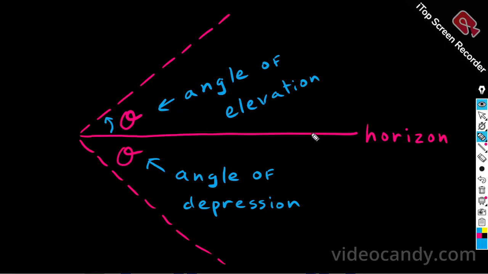And once again, if you start at the horizon and you make an angle going down, that angle right there is going to be your angle of depression. So nothing fancy here. These are just definitions for angle of elevation and depression. Remember, they need to use the horizon, the flat line going left, right, as one of the sides of the angle.